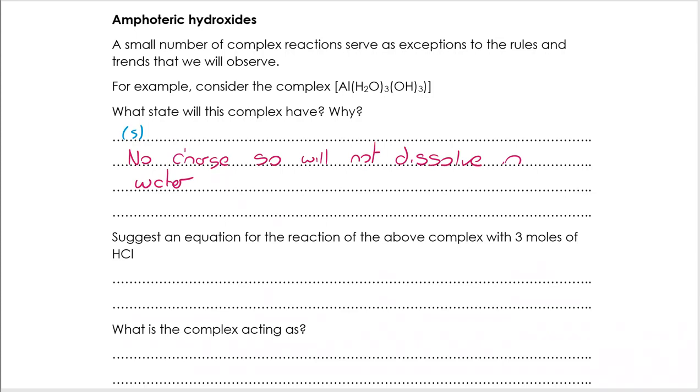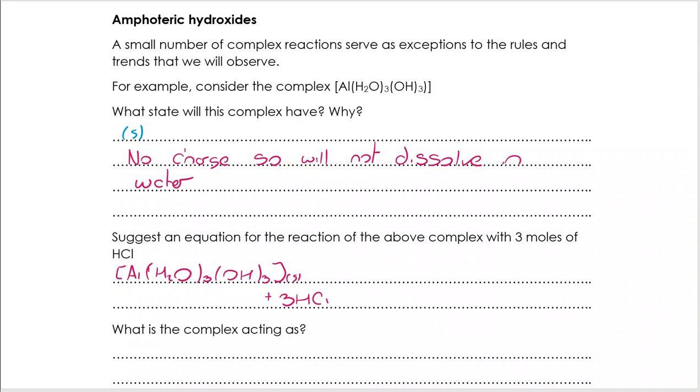Now have a think about what would happen if you took this complex and you added 3 moles of HCl. What do you think would happen? Well, there's the beginning of my equation, my complex that I started with here, Al(H2O)3(OH)3, and I'm adding HCl. Now the HCl is going to act as an acid.